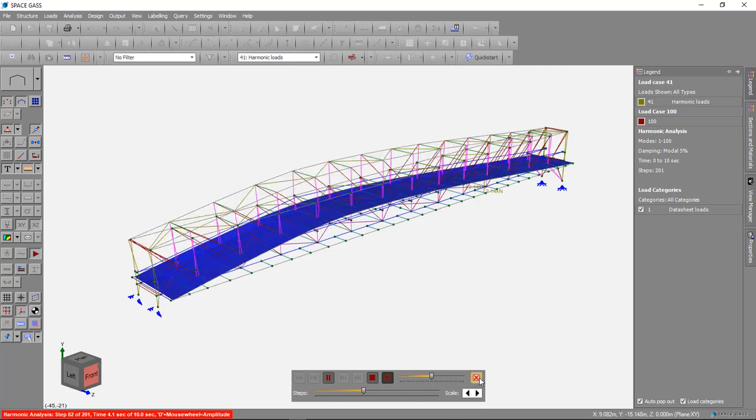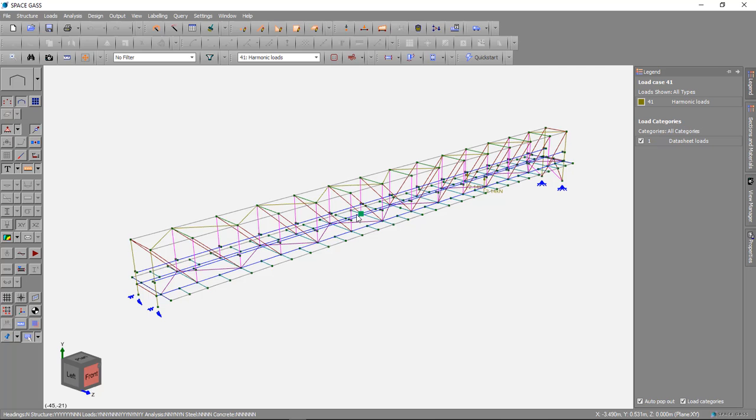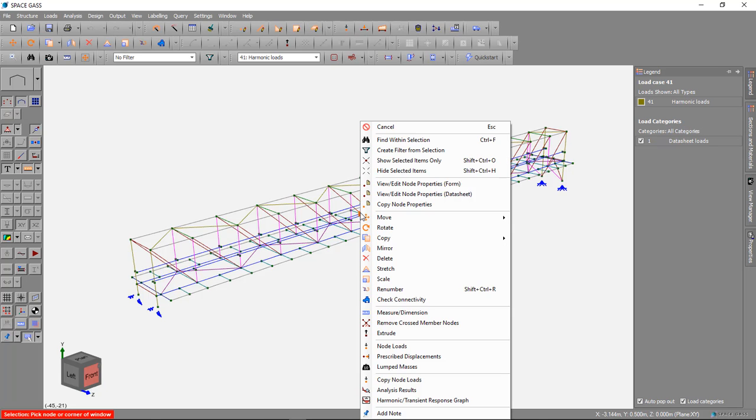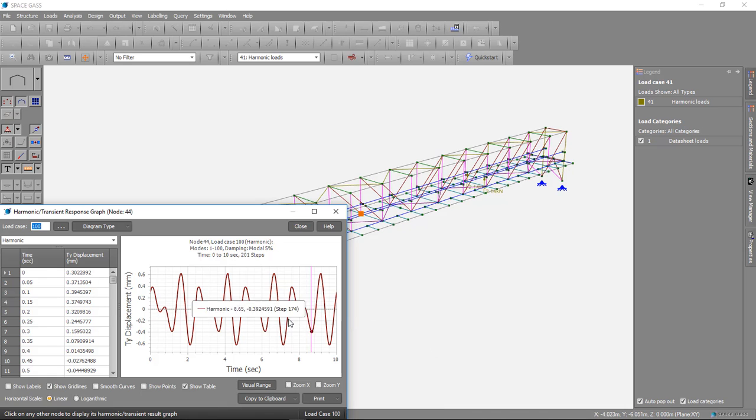So if I look at the motion of one of these nodes here, now you can see the curve is much more involved. It's still a repeating cycle, so the cycle starts here and then begins again here, so about every 2.5 seconds it repeats another cycle.